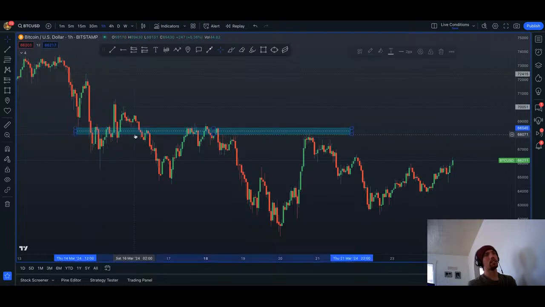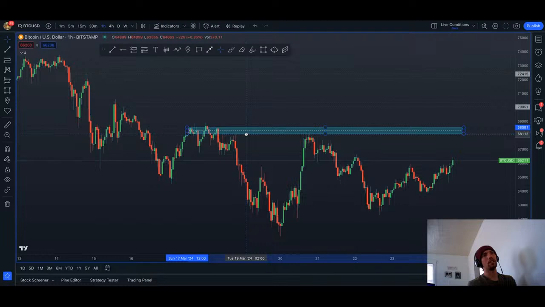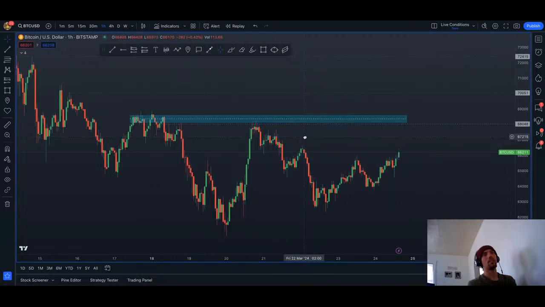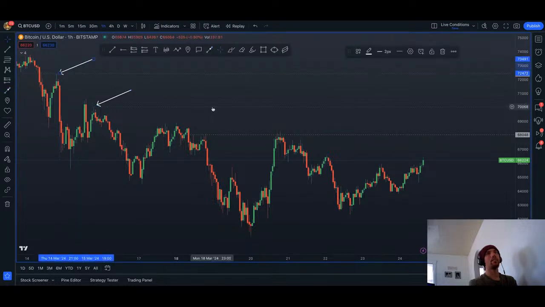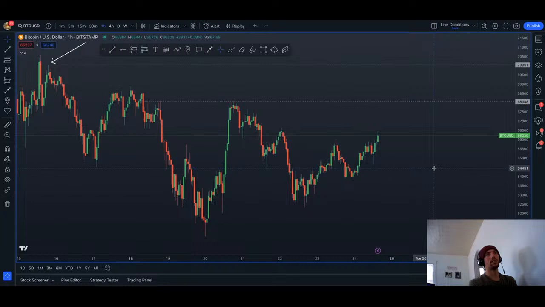Price kind of played around in this area, and there's still a lot of price. It grabbed some of this and moved lower. But this is my main one that I'm checking out that I liked. This one and this one at 72,000, 70,000.